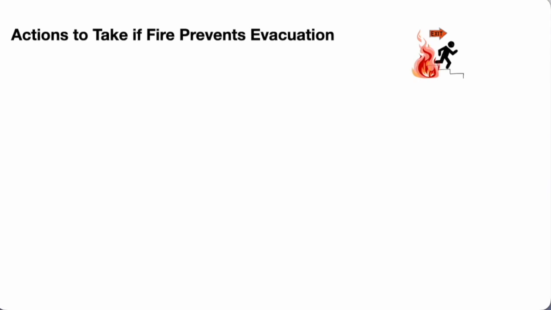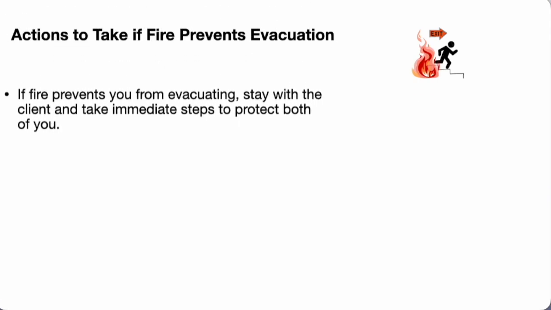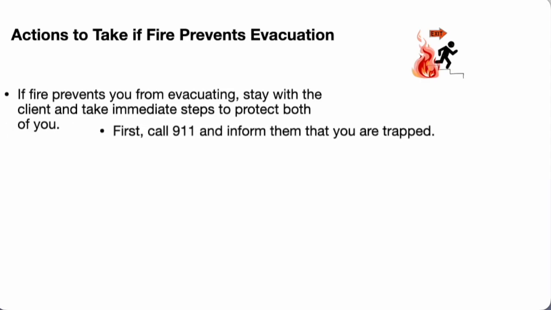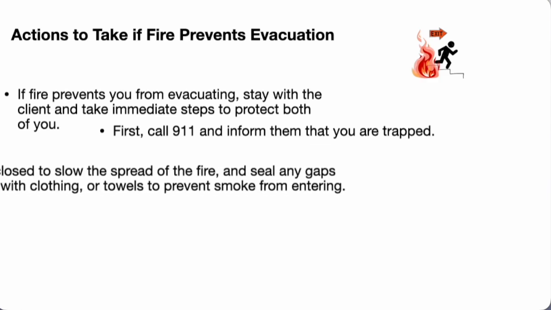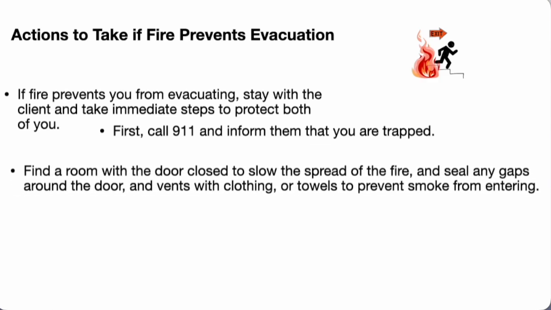Actions to take if fire prevents evacuation. If fire prevents you from evacuating, stay with the client and take immediate steps to protect both of you. First, call 911 and inform them that you are trapped. Find a room with the door closed to slow the spread of the fire, and seal any gaps around the door and vents with clothing or towels to prevent smoke from entering.